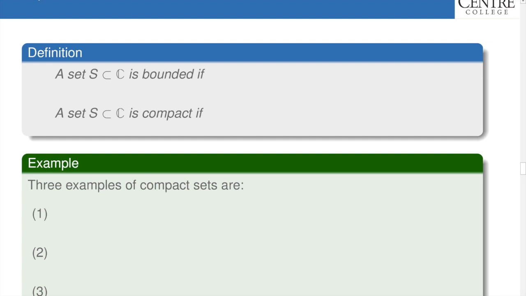The final few topological ideas that we're going to introduce are the notions of bounded and compact. What does it mean for a set to be bounded?